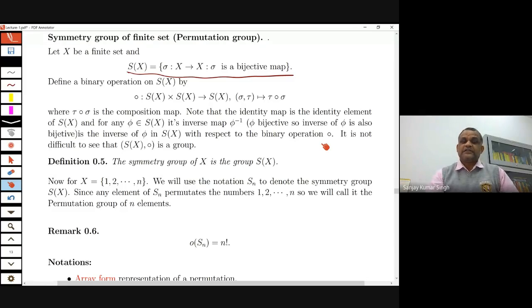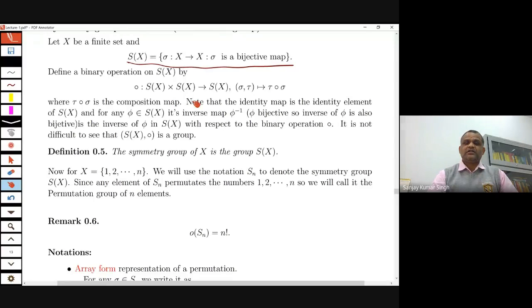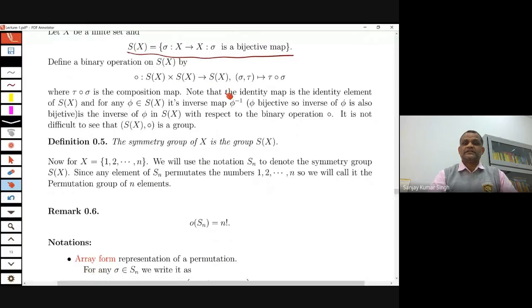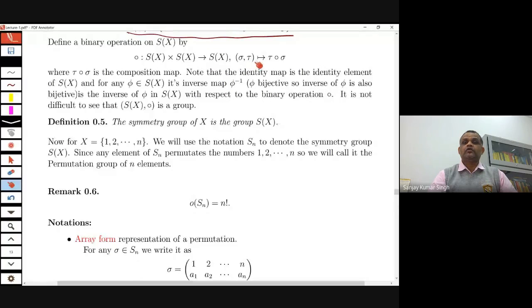So on this set, we can define an operation, which is basically composition of two maps. And this operation is sending sigma and tau to tau composed with sigma, or some people define it just as sigma composed with tau. So on this set, you have at least two ways of defining a binary operation, and they come very naturally, just composition of maps.